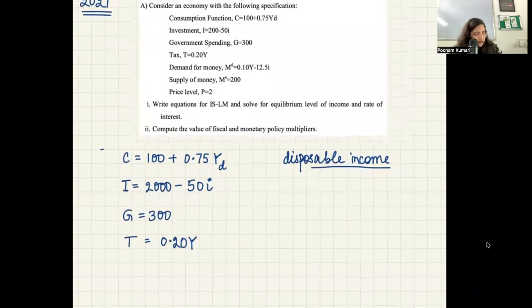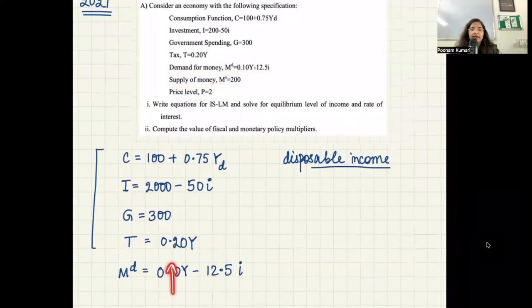And so this is one side of the story, and the rest of it is given: demand for money, supply of money, and price level. So demand for money, MD, is equal to 0.10Y minus 12.5I. So demand for money is positively related with income and negatively related with interest.